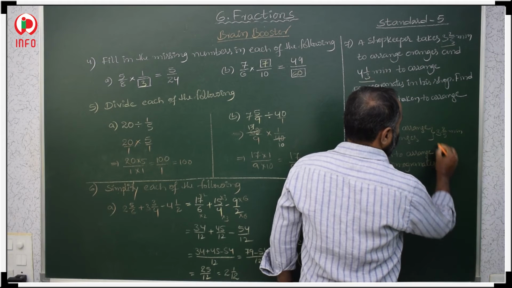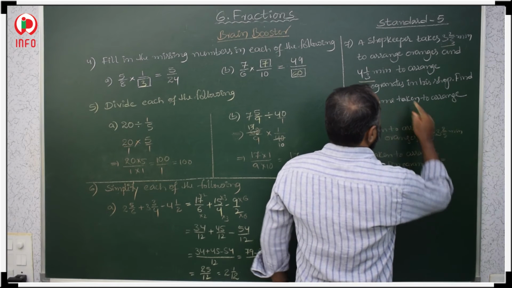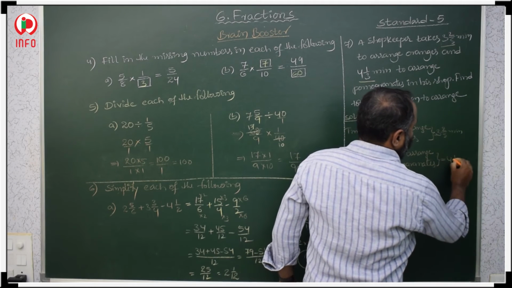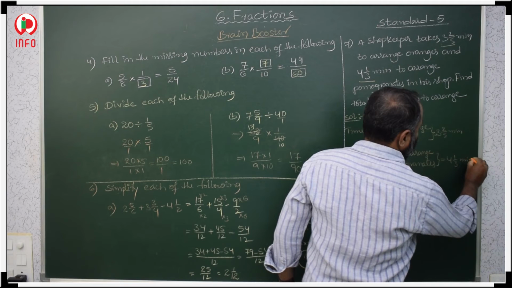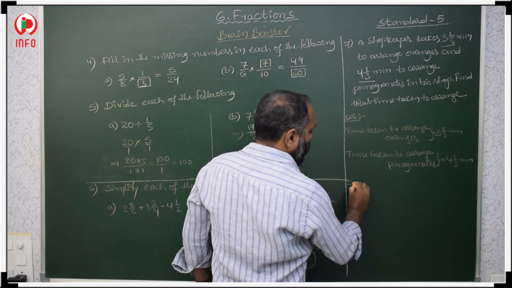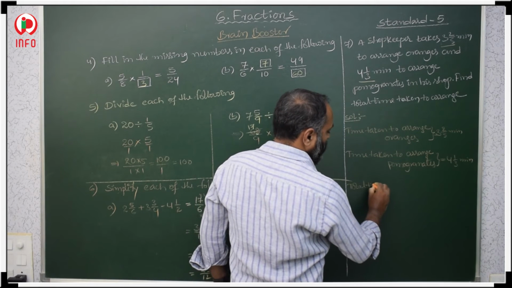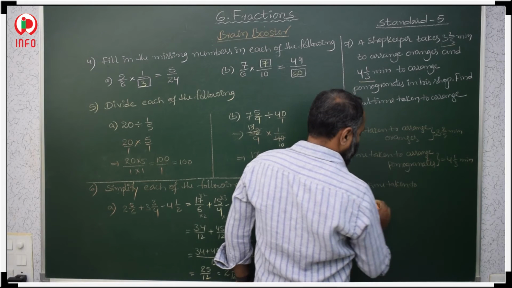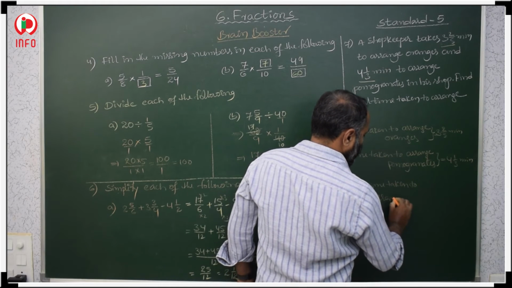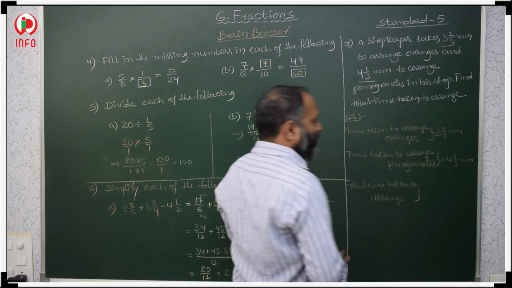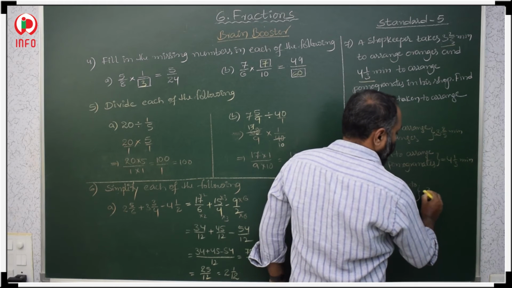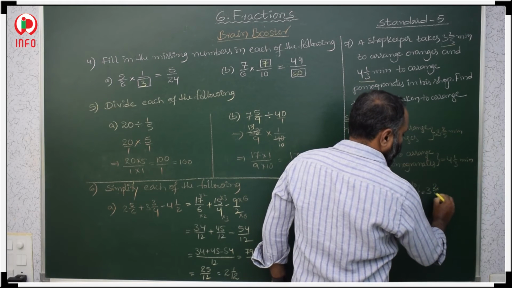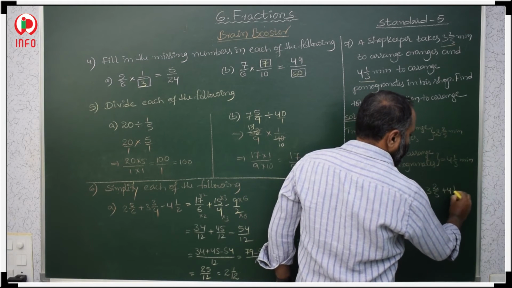How much time? 4 1 by 3 minutes. Total time taken to arrange the fruits. Total means we have to add 3 2 by 5 minutes plus 4 1 by 3 minutes.